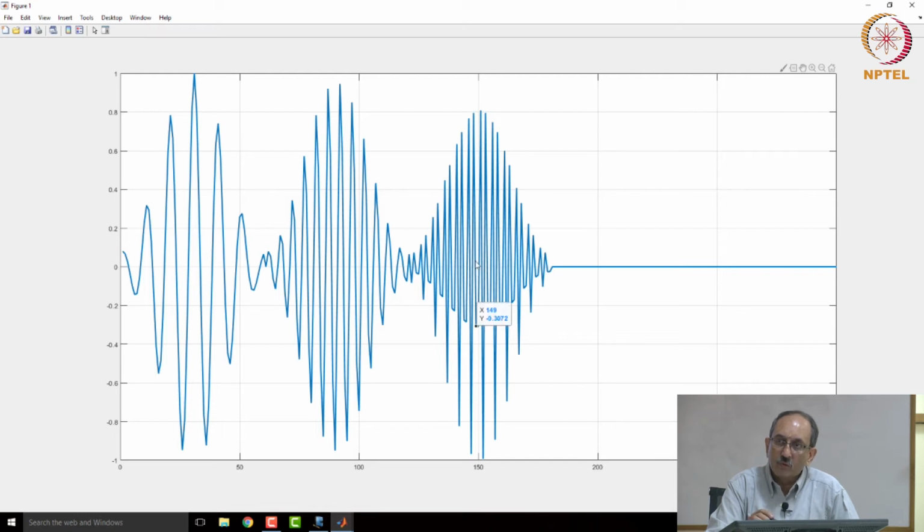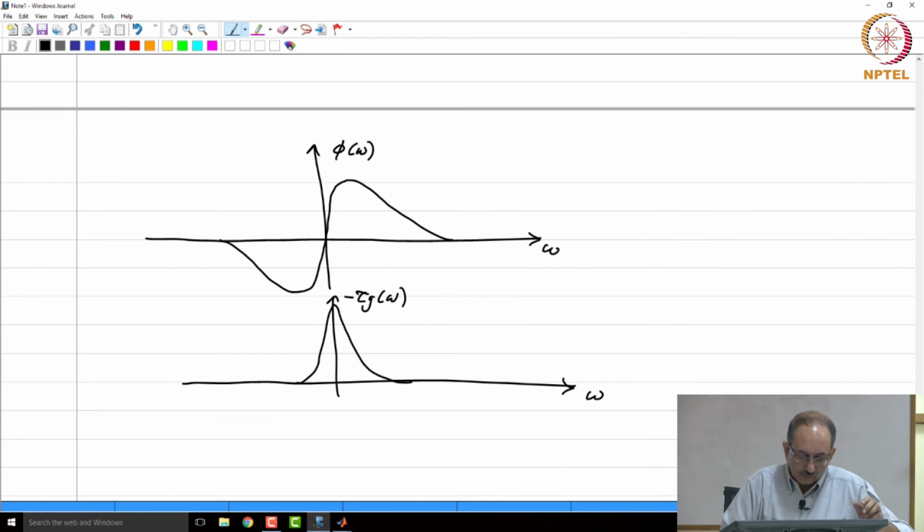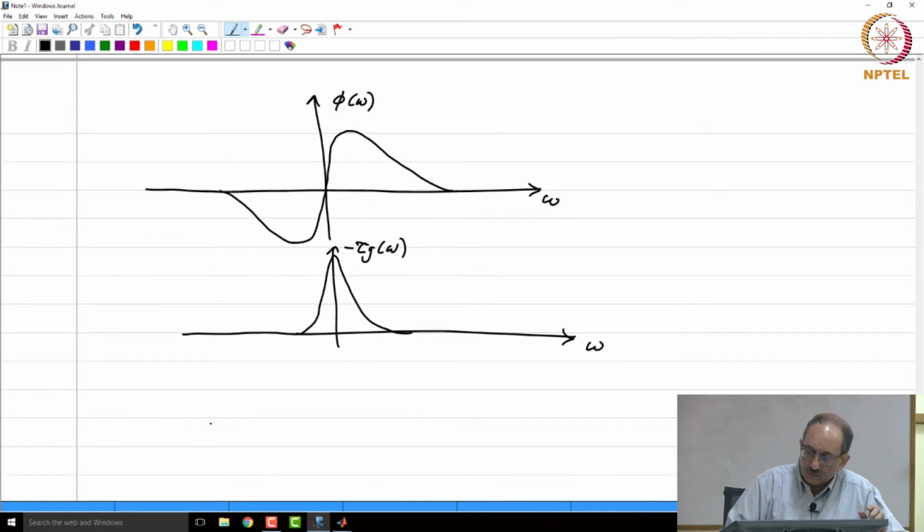Now, what I am going to do is pass this through a system, and I want to observe the output behavior. The system I am going to pass through has actually two parts.